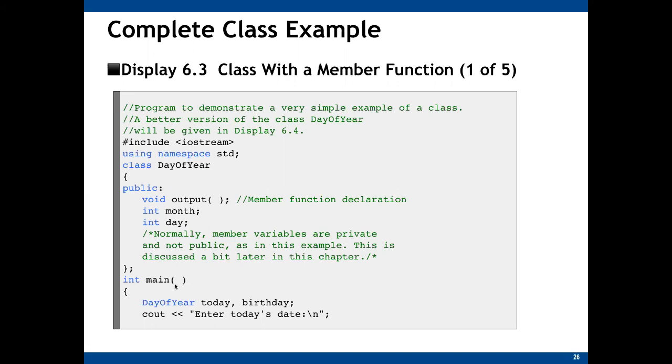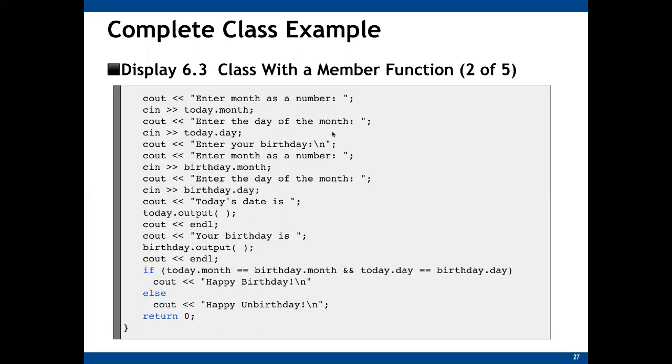And inside of the main, it creates two objects of this day of year class, today and birthday. And then it sets the month and day member variables for the today object. And it also sets the month and day member variables for the birthday object as well, like this. And then it prints the month and day of the today object and birthday object through the member function named output.